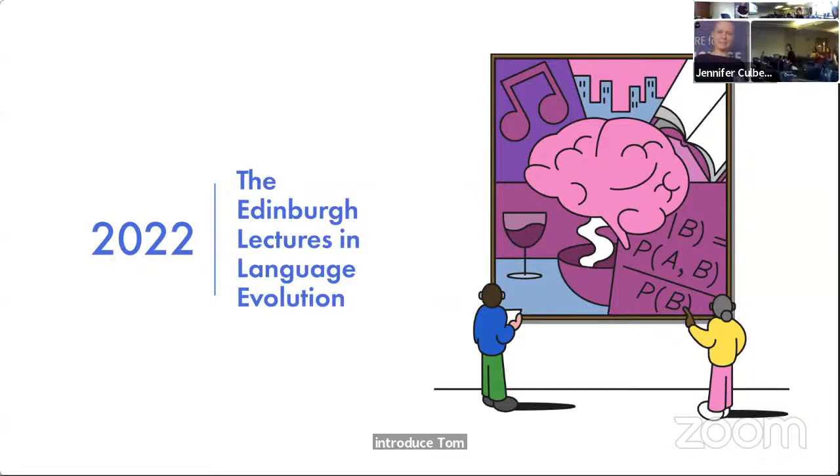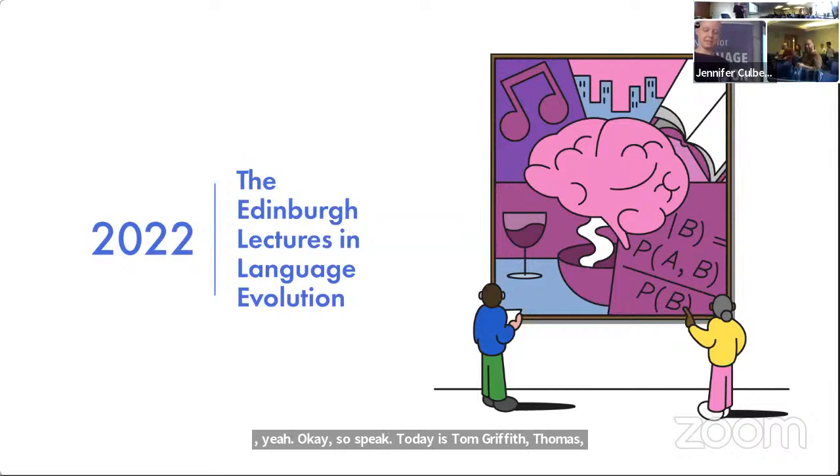Okay, is the owl on me? Yes, there we go. Okay, so our speaker today is Tom Griffiths. Tom is Professor of Psychology and Computer Science at Princeton University. He's director of the Computational Cognitive Science Lab, which conducts research on topics including causal induction, probabilistic reasoning, category formation, language acquisition, and cultural evolution.